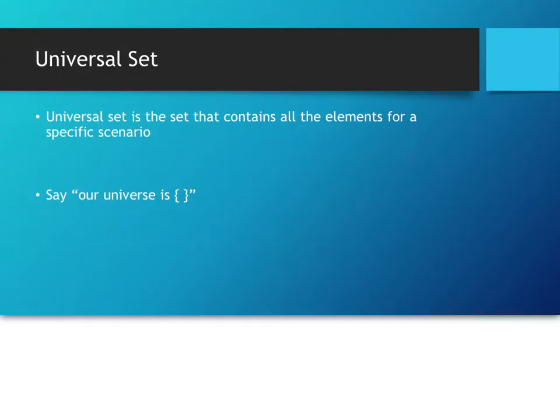Now the other important set, or at least one of the other important sets, probably the most important set, is the universal set. Okay? A lot of times this is denoted by a U. So the universal set is the set that contains all the elements for a specific scenario. So, for instance, there may be a scenario where our universe is just the numbers 1 through 10.